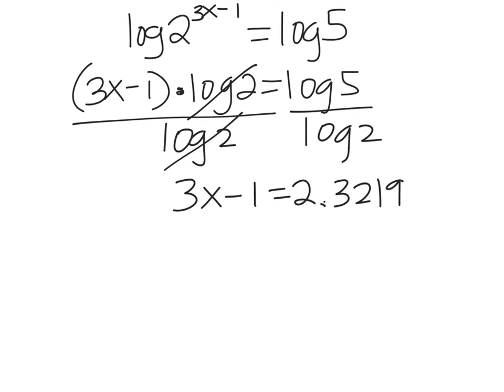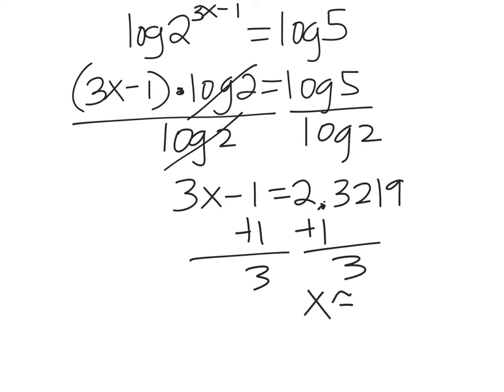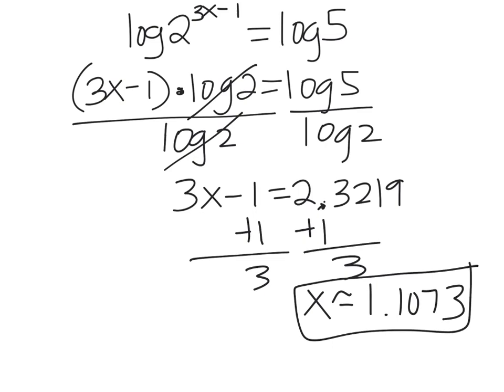What I like to do is leave this on my calculator, and then add 1 to the other side. So plus 1, hit enter, and then divide by 3. So x is approximately 1.1073. Who got that? Good. A lot of you did. Really good.